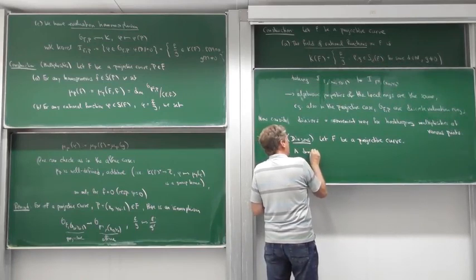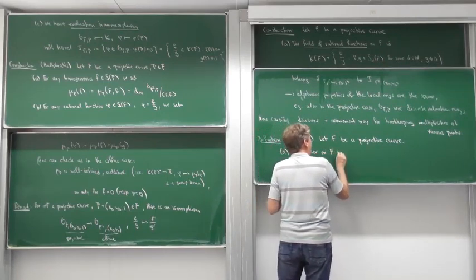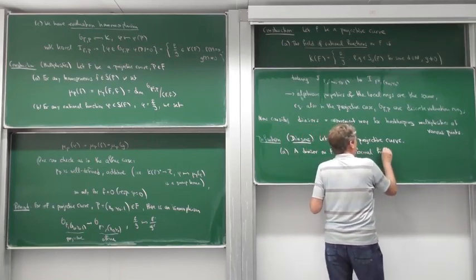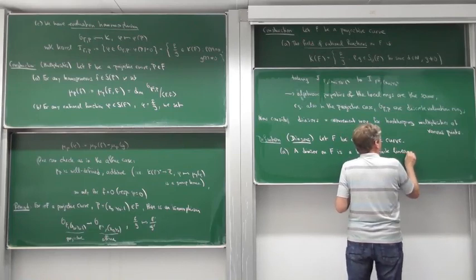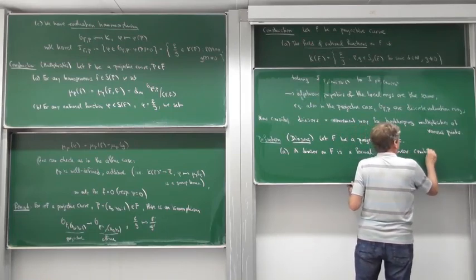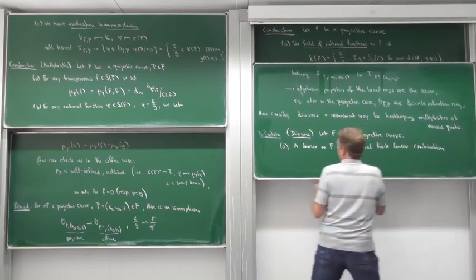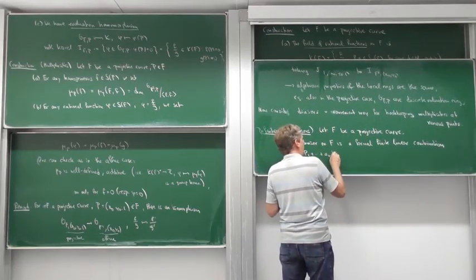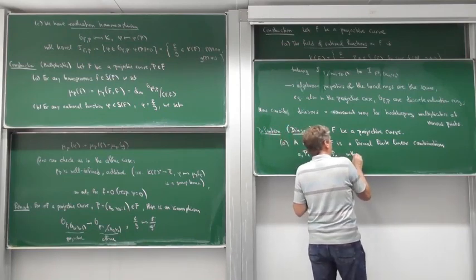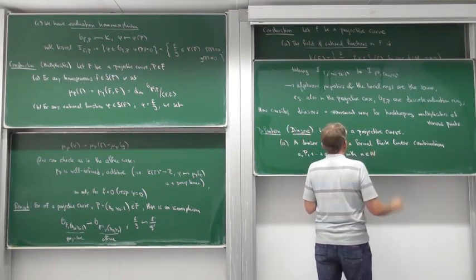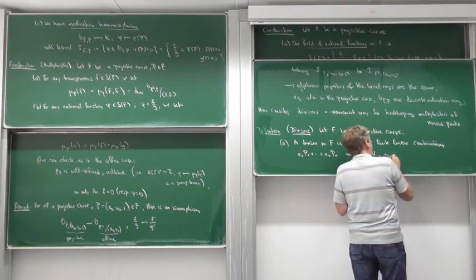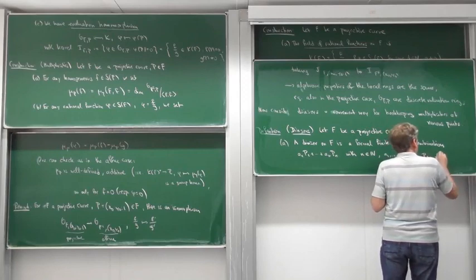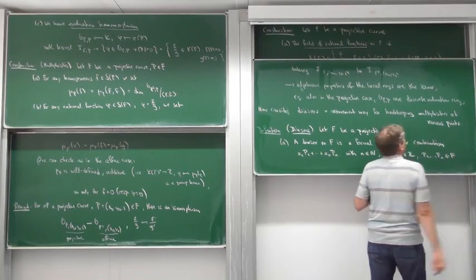So a divisor on F is a formal finite linear combination of the form a1 P1 plus and so on, plus an Pn, with n a natural number, so a certain number of points. All the ai are integers, so in Z, and P1 up to Pn are points on the curve.